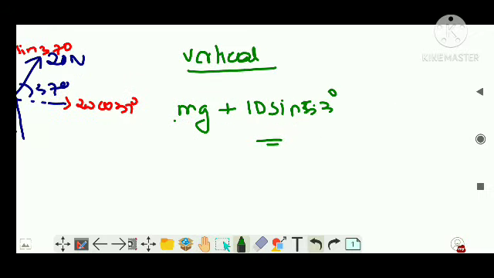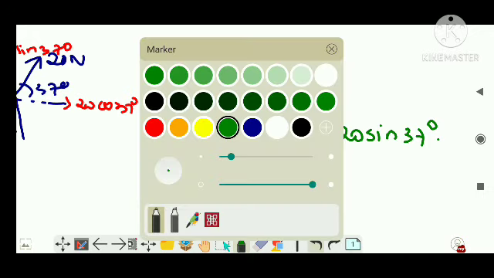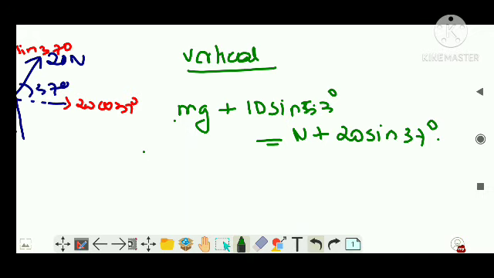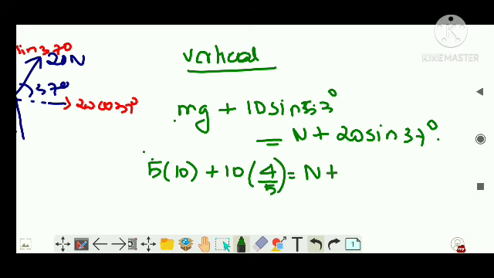Now I can write mg as mass times g, so 5 times 10, plus 10 sin 53 degree, which, if you don't know, is 4 by 5, is equal to N plus 20 sin 37 degree, which is 3 by 5.